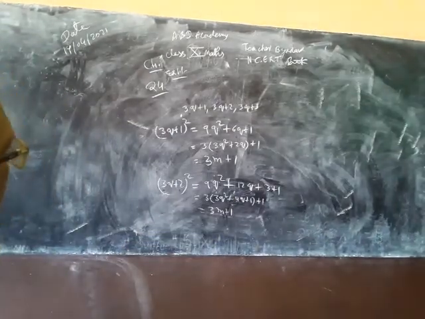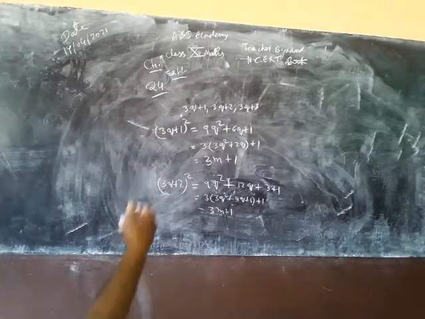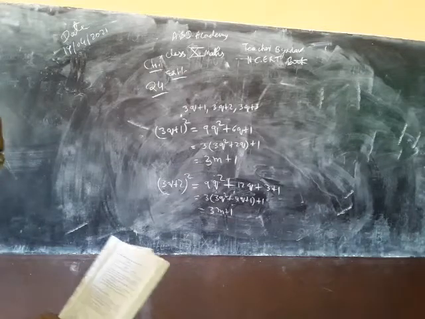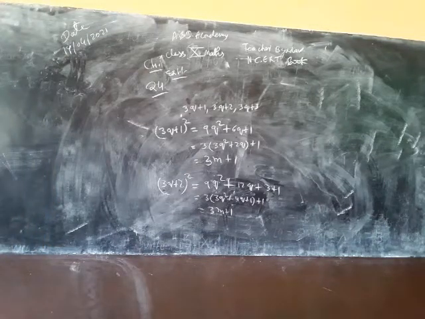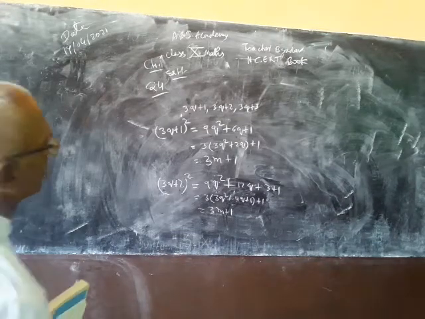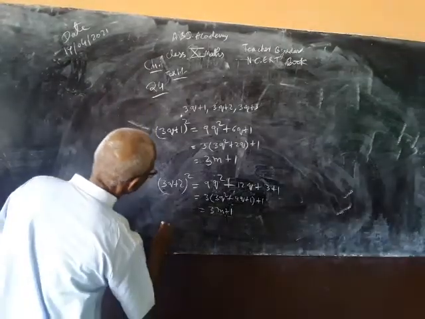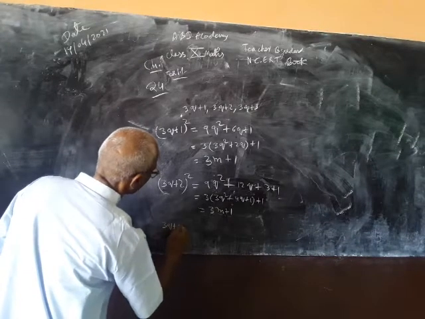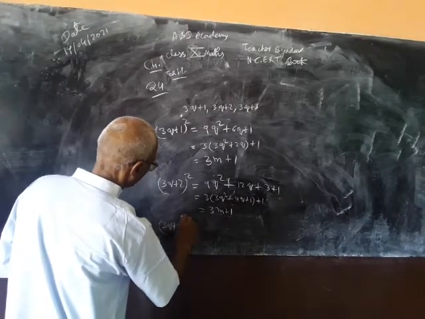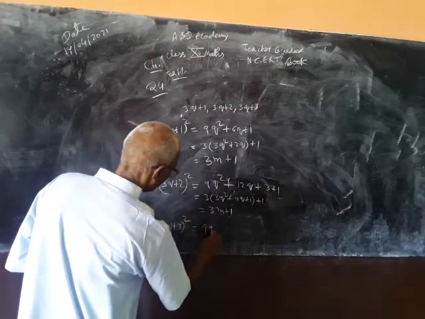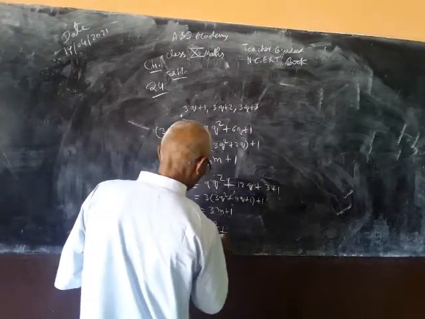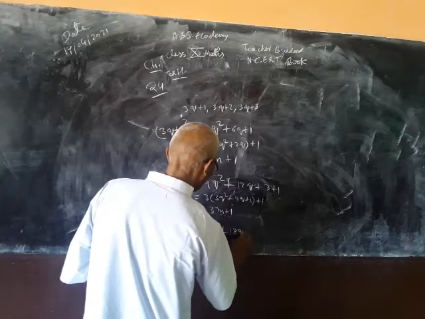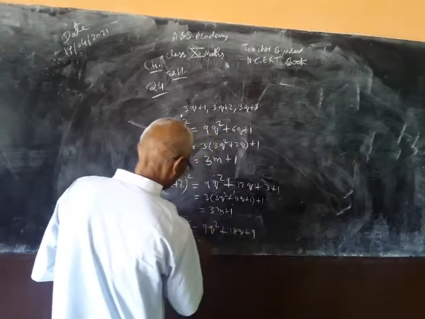Likewise, for the multiples of 3 also, we shall find 3m. Next one, 3q plus 3, is a multiple of 3. This whole square is 9q square plus 18q plus 9.